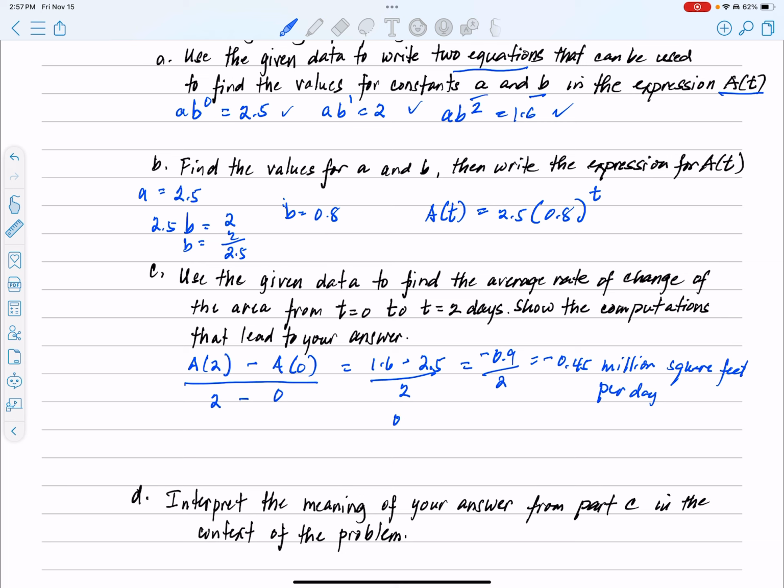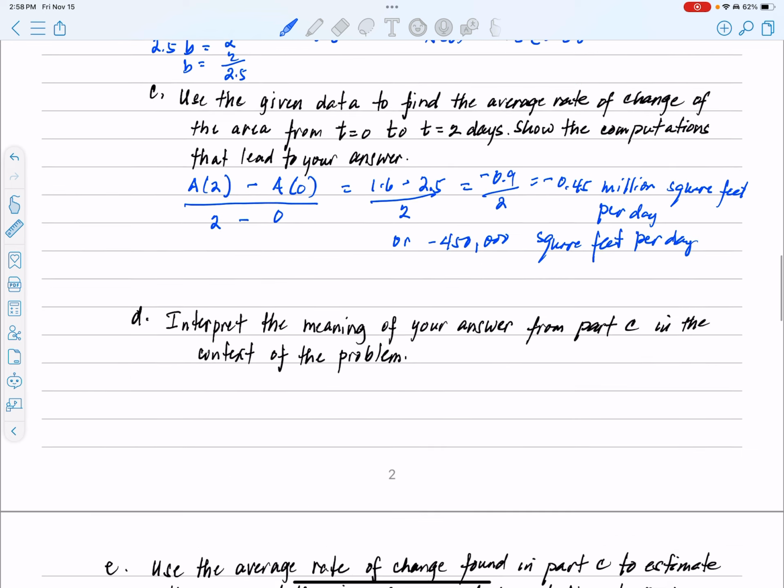That's negative 450,000 square feet per day. All right.